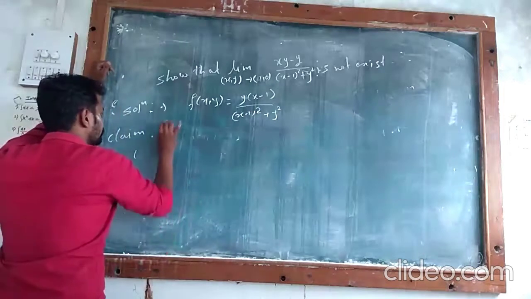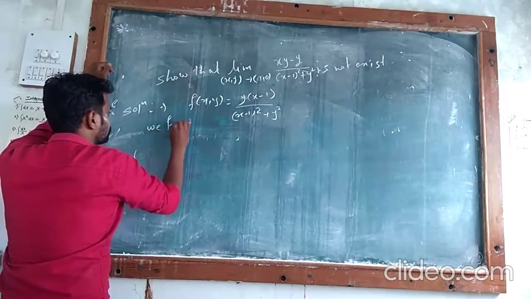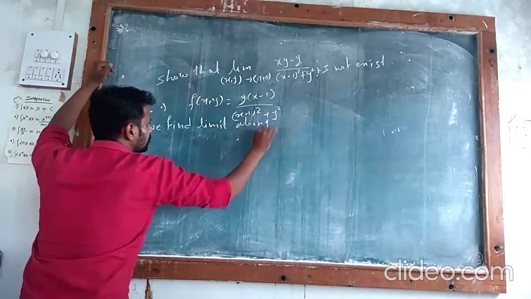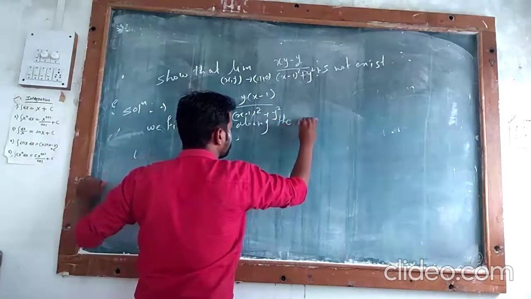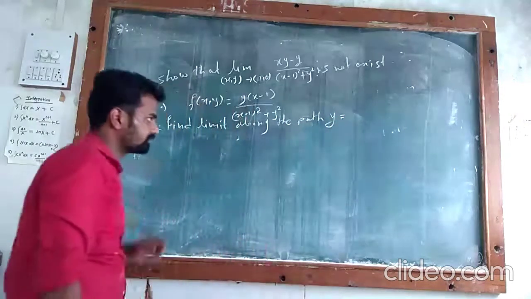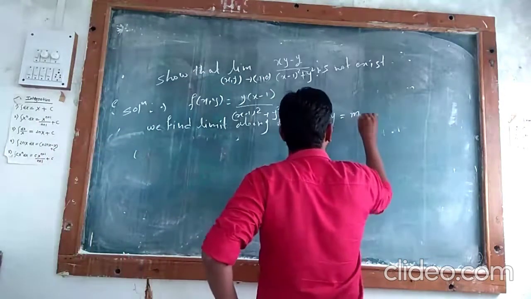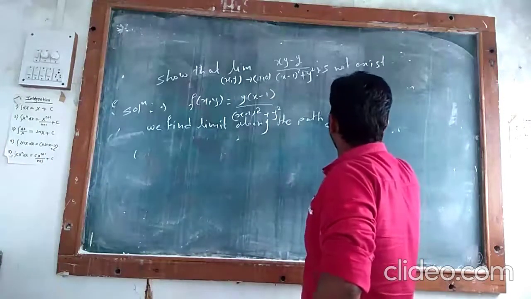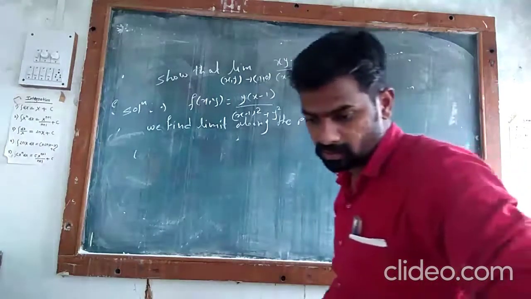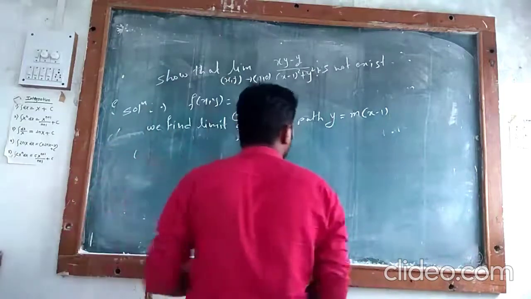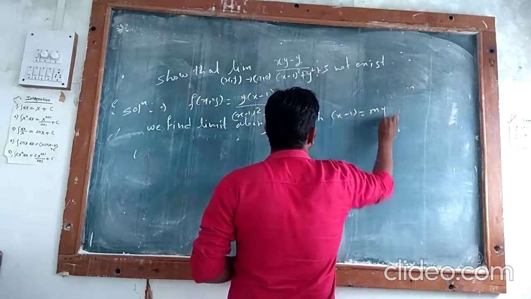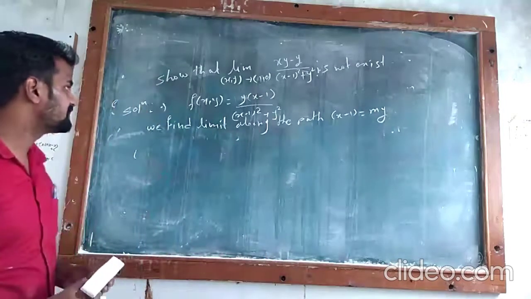We find the limit along the path x minus 1 is equal to my. Sorry, x minus 1 is equal to my, along the path x minus 1 is equal to my. ह्या बात आपने क्या करना है? लिमिट चेक करना है.